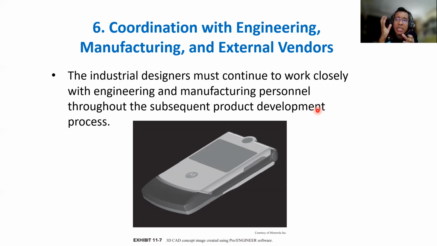Some industrial design consulting companies offer quite comprehensive product development services, including detailed engineering design and selection and management of outside vendors for materials, tooling, components, and assembly services. They offer these several services to the team in terms of industrial design consulting.